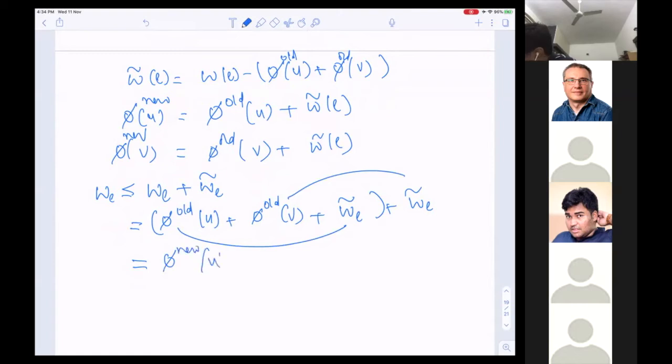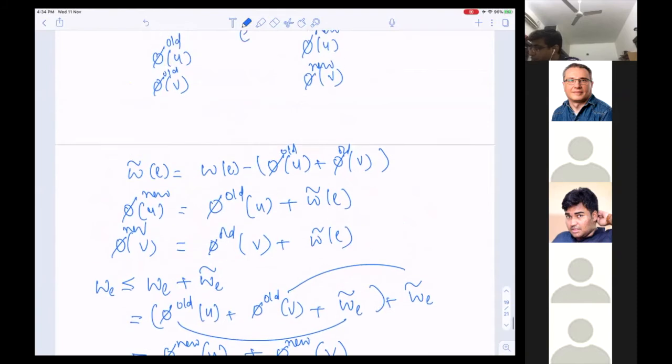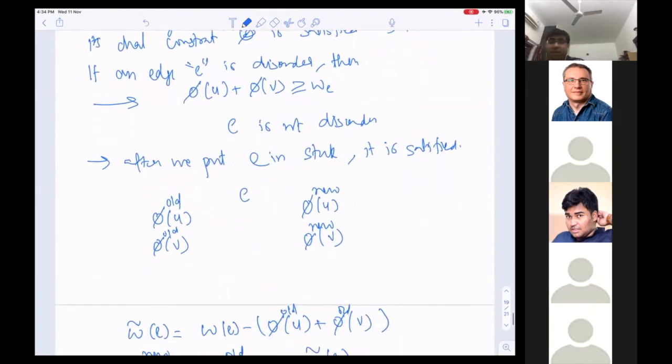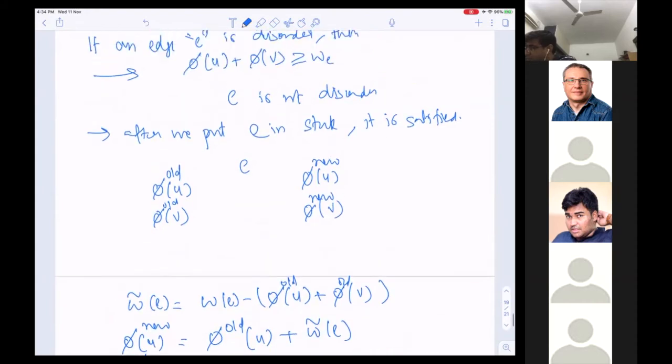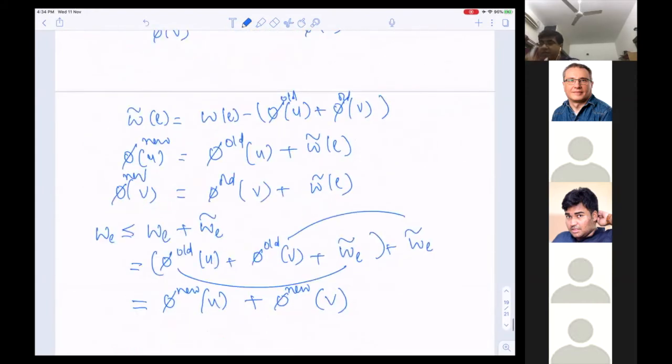Phi new of U plus phi new of V. So what did we show? Since phi is monotonically increasing, once an edge is satisfied by some phi, later phi might change, but phi can only increase, which implies that these edges will remain satisfied.